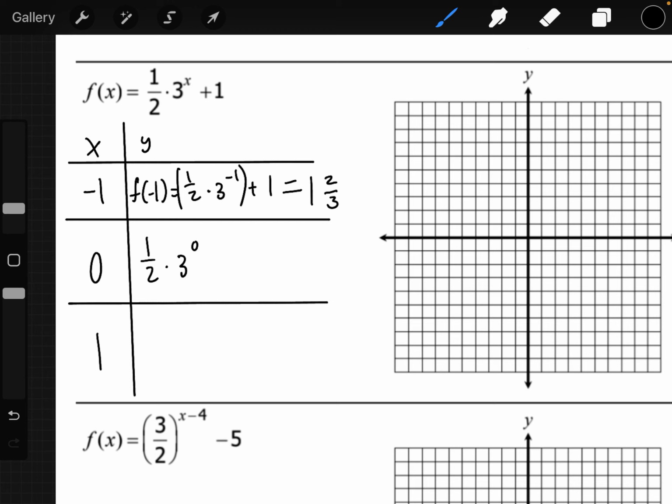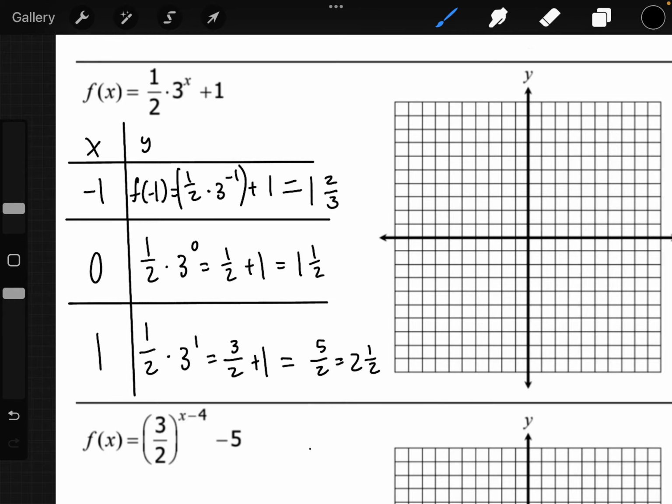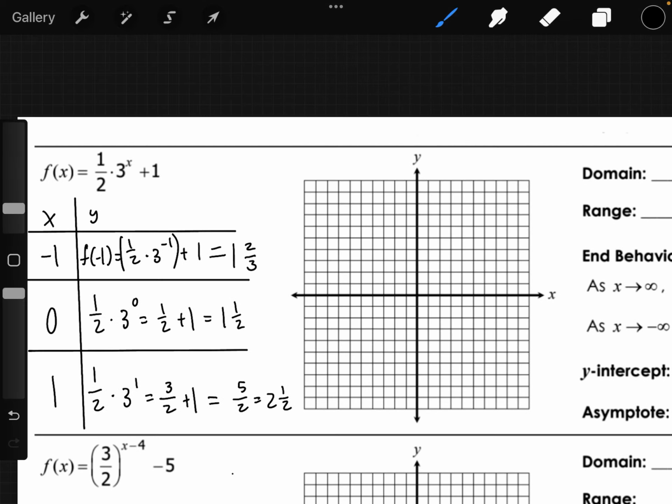When x equals 0, we take 1/2 times 3 to the power of 0, which is 1/2, plus 1, so 1.5. When x equals 1, 1/2 times 3 to the power of 1 is 3/2 plus 1, equals 5/2, or 2 1/2.